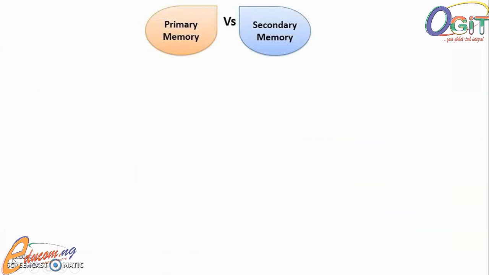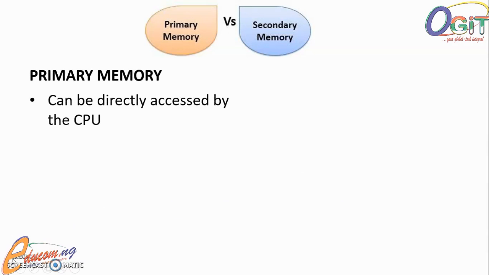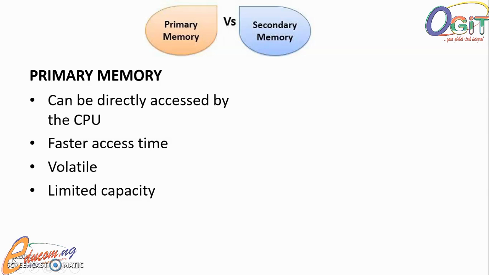Now, let's compare primary memory and secondary memory. Starting with primary memory, it can be directly accessed by the CPU. Yes, the CPU can fetch whatever information it needs from the primary memory directly. It has a faster access time. It is volatile. It has limited capacity, and it is expensive.